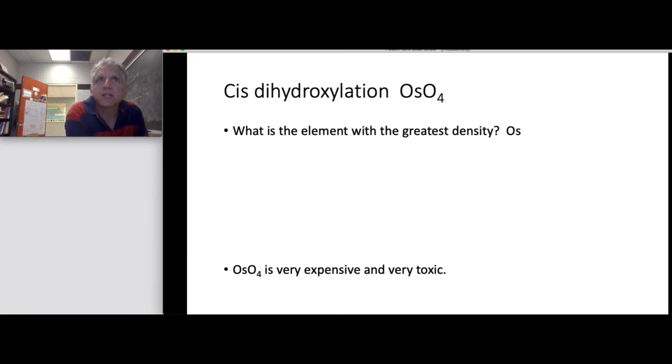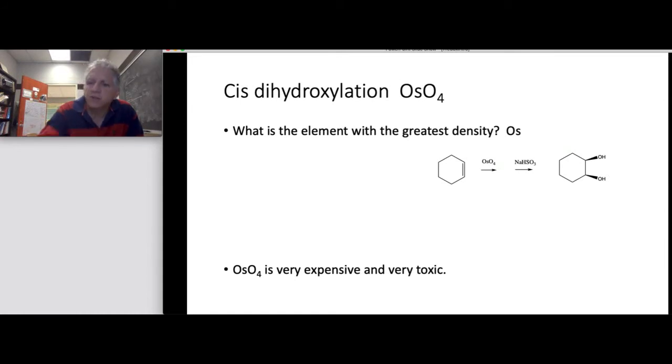Osmium tetroxide is extremely expensive and extremely toxic. I don't know which is worse, but you're really unlikely to see this in a lab unless you're a practicing chemist. However, you're in this class, and this is commonly covered, so we're going to cover it. So here's the reaction over here, where I take my osmium, and I have that second piece over there.